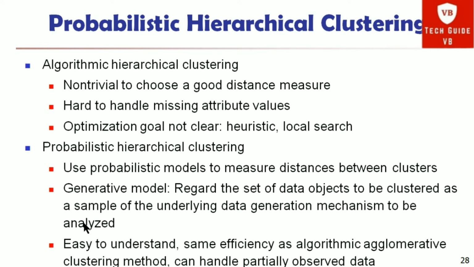But probabilistic hierarchical clustering uses probabilistic models to measure distance between clusters, and it is basically a generative model. It is easy to understand, has the same efficiency as the algorithmic agglomerative clustering method, but can also handle partially observed data. So this is all about agglomerative versus probabilistic hierarchical clustering.